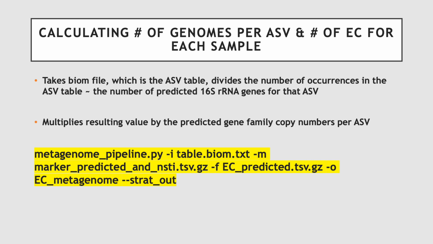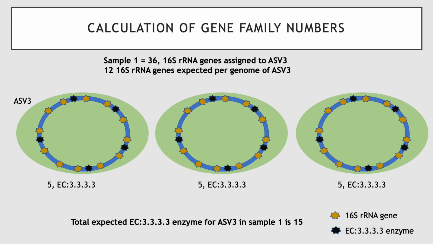So these calculations are only a little bit complicated. Let's say in sample 1, we have 36 sequences assigned, 36 16S rRNA genes assigned to ASV3.